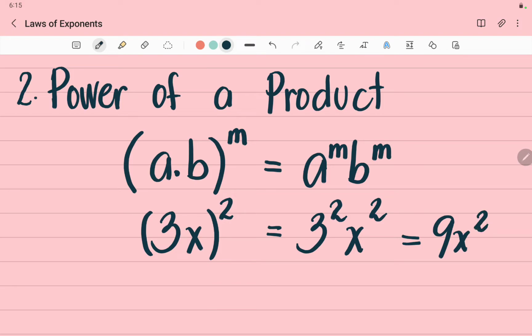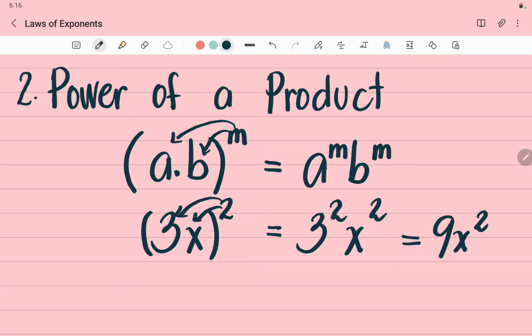So we have now 9x squared. Students, can you see the pattern in the power of a product? Very good. We will just distribute the exponent.